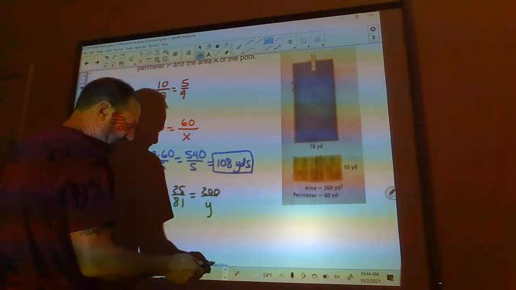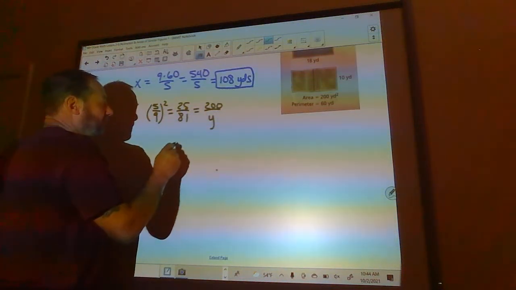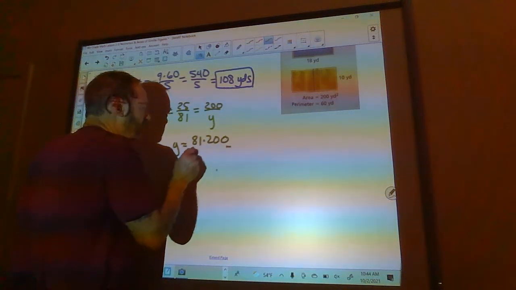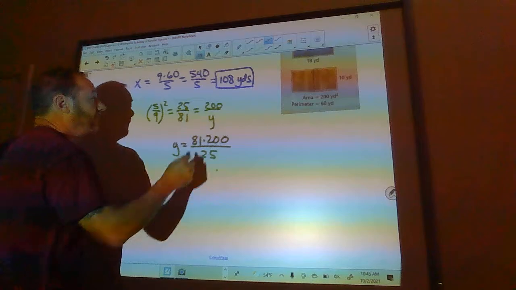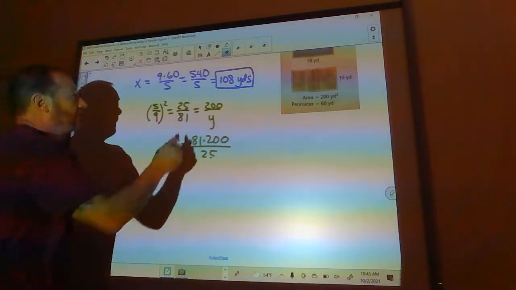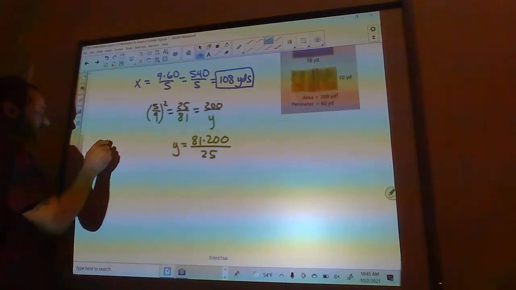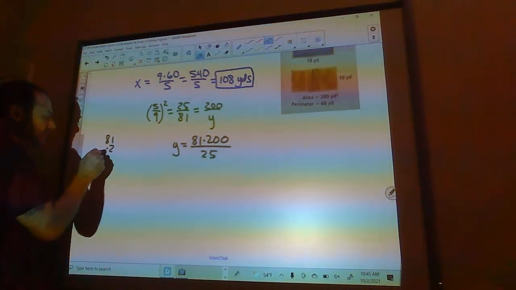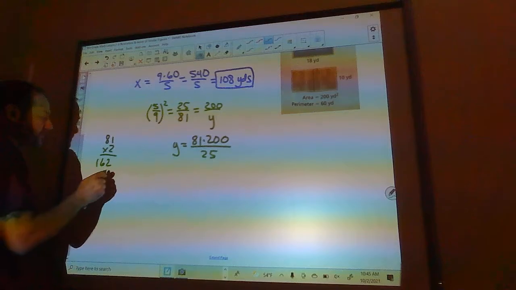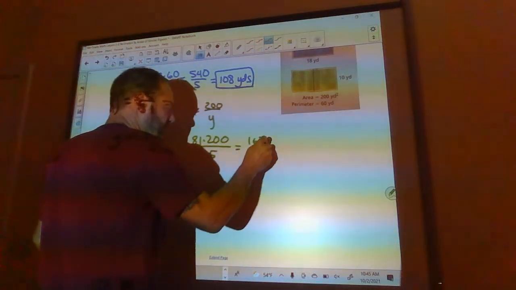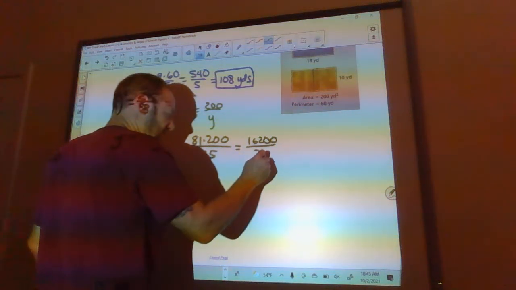Again, don't simplify this yet. So y is going to equal 81 times 200 divided by 25. Wow, let's see, 200 times 81. 81 times 2 is 162, add two zeros, so this is going to be 16,200 divided by 25.